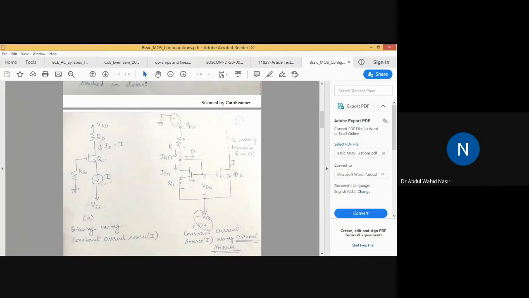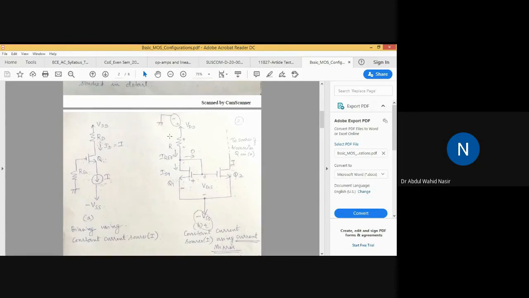The gate to source voltage VGS is the same for both transistors. The source terminal of Q1 is connected to minus VSS, and the source terminal of Q2 is also connected to minus VSS. That means the gate to source voltage VGS is the same for both Q1 and Q2. So this arrangement we have to make first.